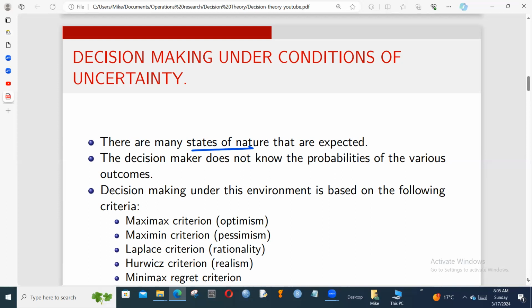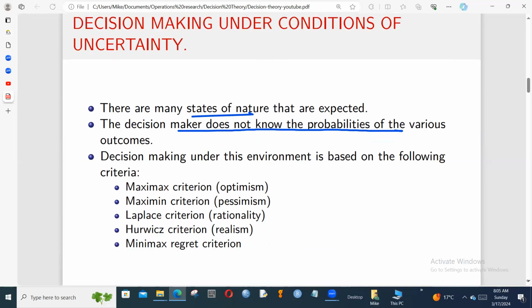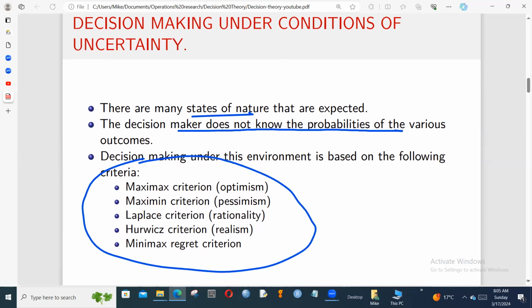But then we are saying that the decision maker does not have an idea of the probabilities of the various states of nature. So for us to make a decision on the best option, we make use of these commonly practiced criteria. One of them is the Maximax criterion, which is also called the optimism.